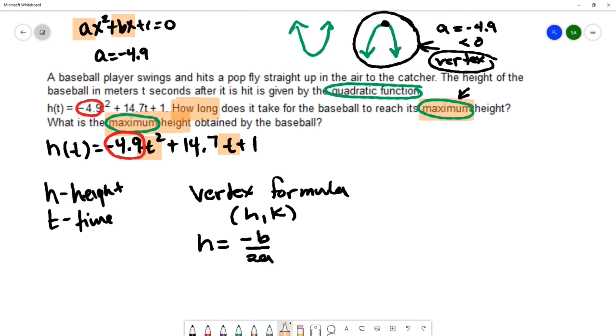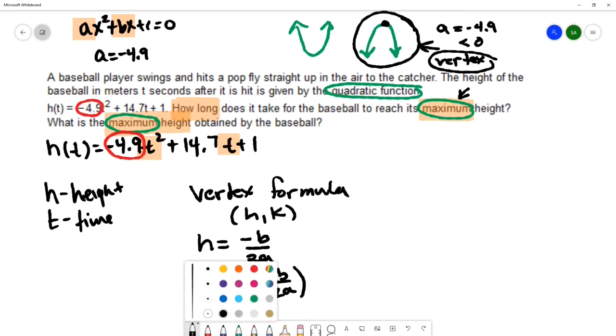The a is the coefficient of the squared term, and b is the coefficient of the x term. Once we get the value of h, the x-coordinate of the vertex, we can find k, the y-coordinate of the vertex, by plugging h into the function. So we're going to substitute this negative b over 2a into the function to get the y value of the vertex.